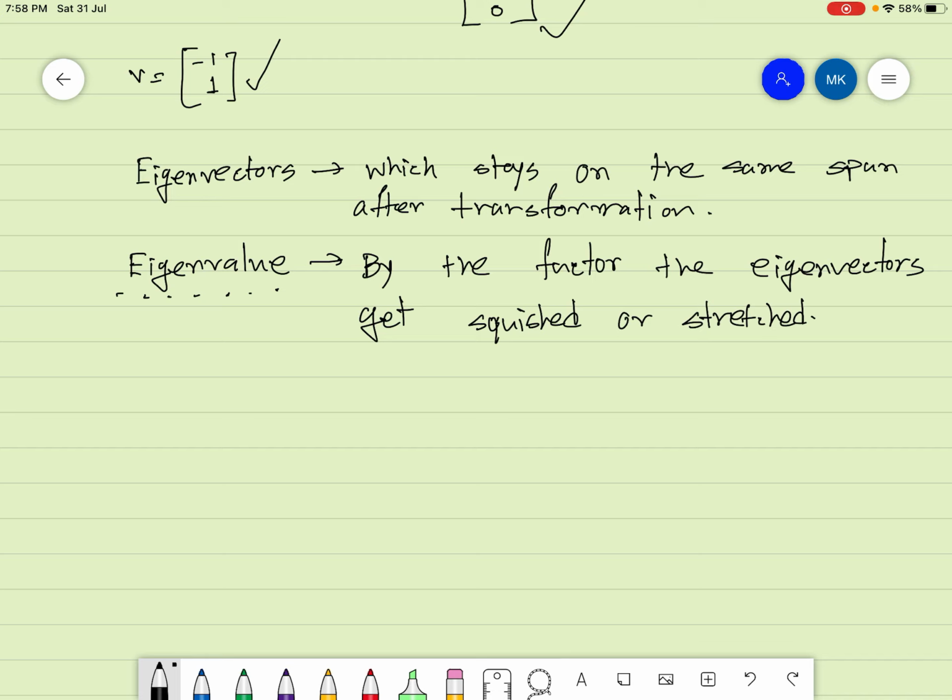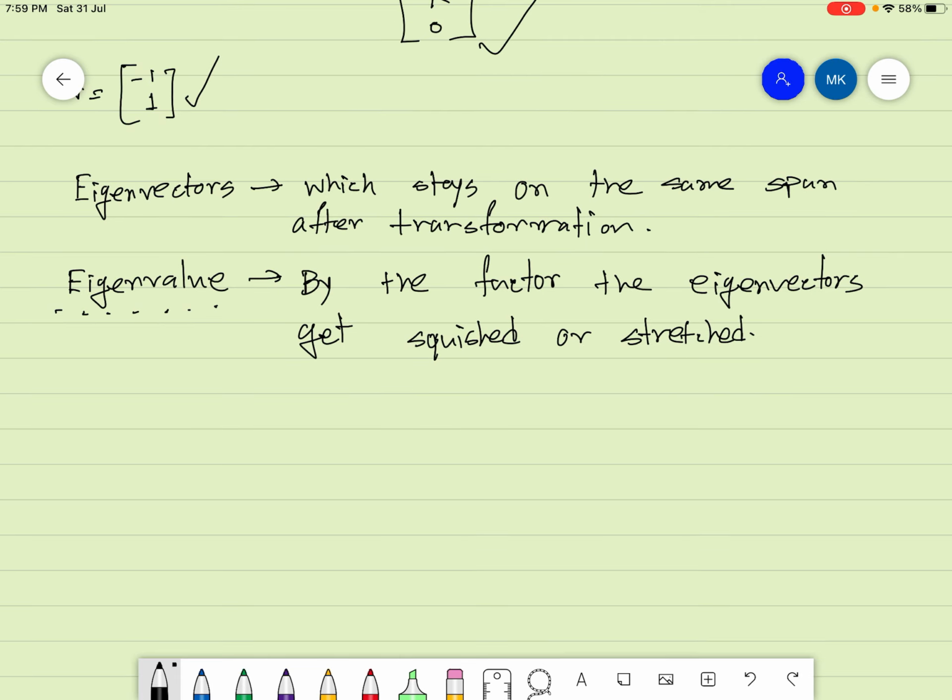Okay. So can the eigenvalues be negative? Yes, it definitely can be negative. If some eigenvector has an eigenvalue, let's say -1/2, that means the orientation of the basis gets flipped. So in linear algebra, I think you already have an idea that a negative value signifies that it has something to do with the orientation, right?